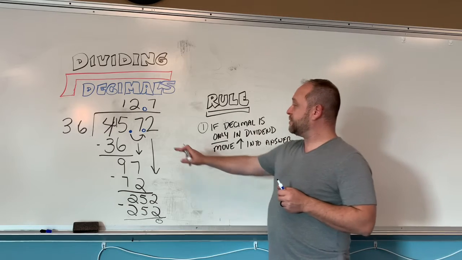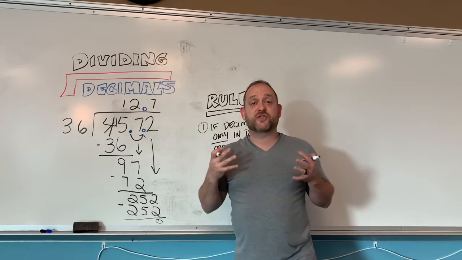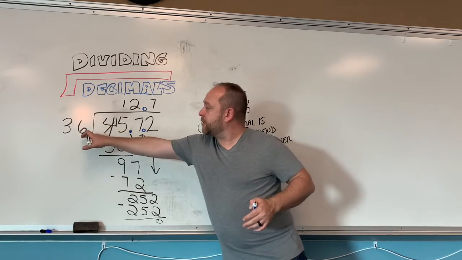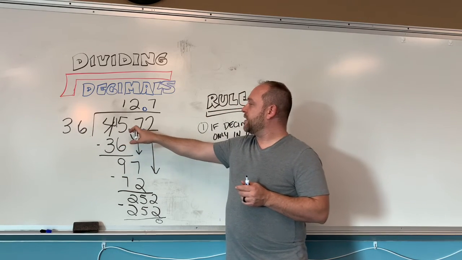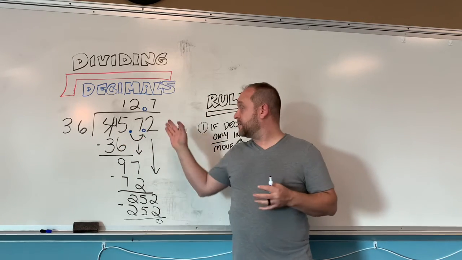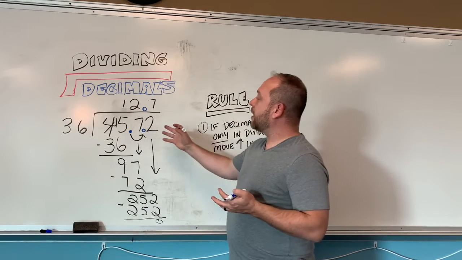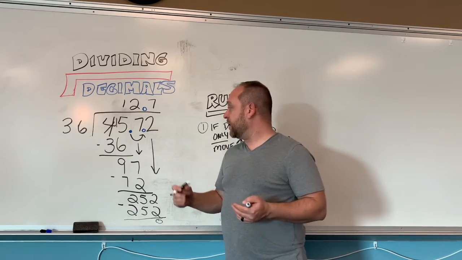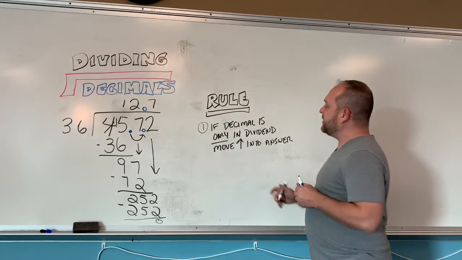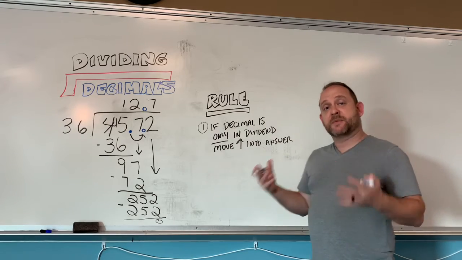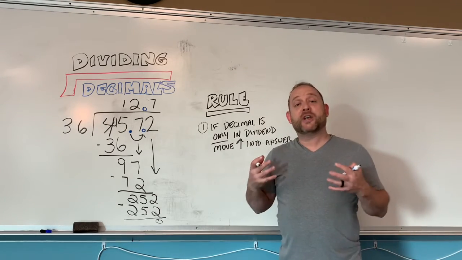So if our decimal is just in our dividend, we just move the decimal point straight up, just like if it were 36 into 457 and 2/10. That's what we got for our number after we moved our decimal point. So if it's only in the dividend, we just move our decimal point straight up. It becomes part of our answer, and it will go where it needs to go.